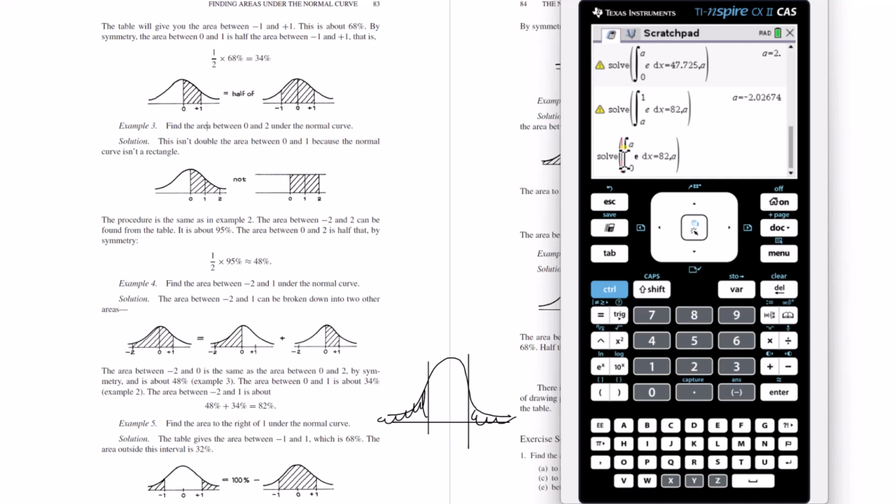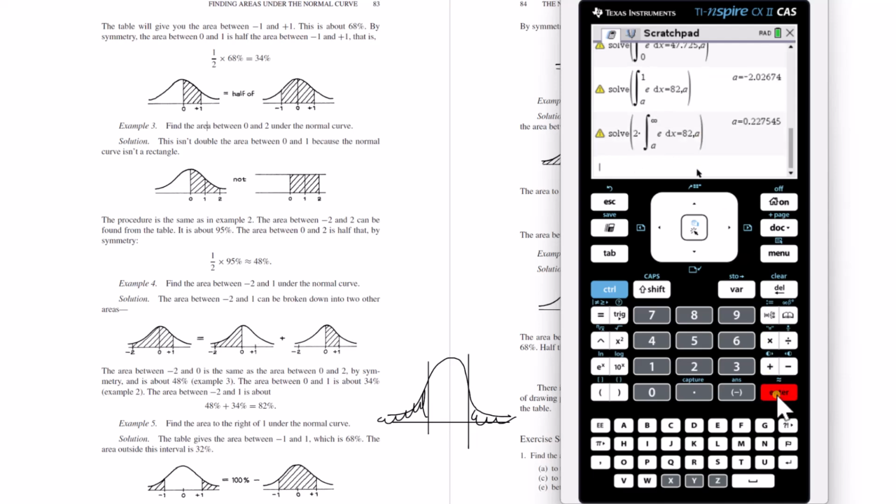Now you could put 2 here because it's going to be symmetric. So 2 times this is equal to 82, and then what is this? So this goes from a to infinity, or you could do it the other way, from minus a to negative infinity. Oh, no, I see. This is 32%, not 82.